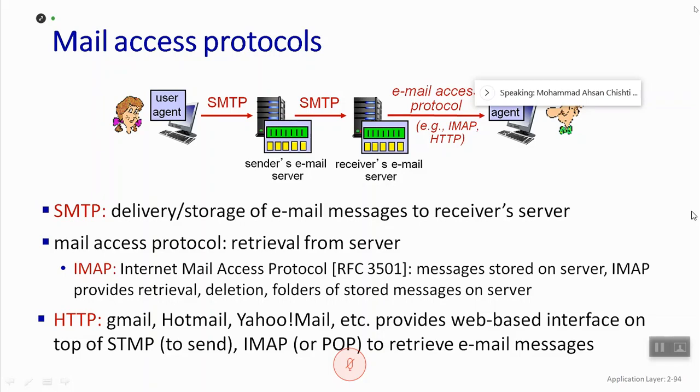So Gmail, Hotmail, Yahoo, all these provide web-based access also to retrieve and send messages. So in this case, what happens? HTTP comes on top of SMTP to send messages. HTTP comes on top of IMAP or POP to retrieve the email messages, in case you are using the web browser as a client. Do you get this?